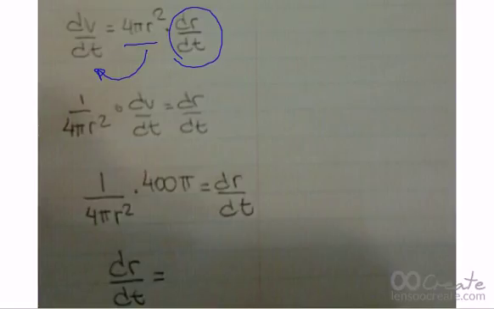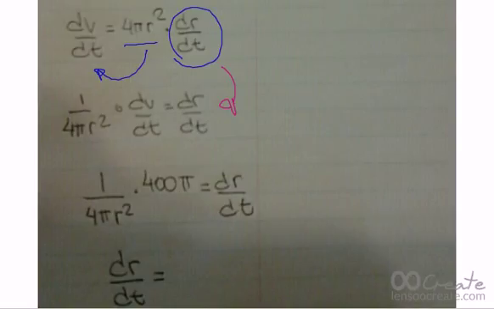As you can see in the second step, I have 1 over 4 pi r squared times dV/dt equals dr/dt.